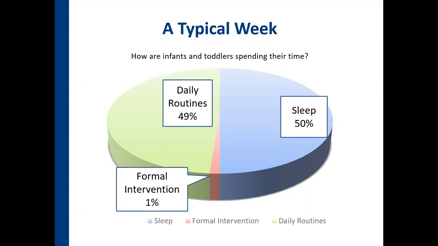Approximately 50% of their daily time is spent sleeping. The 1% of their daily time that is left for an interventionist to spend with a child is minimal, just this little red slice at the bottom of the pie chart. Given that, our work must include the parents and other caregivers who are with the children the majority of the time.